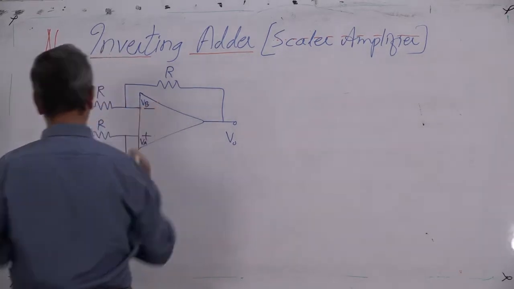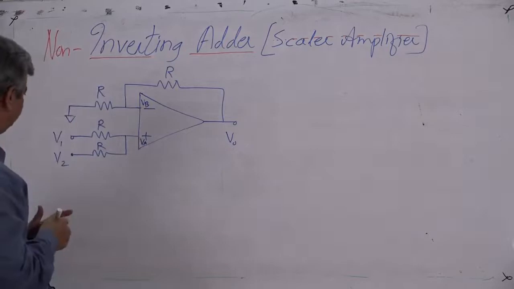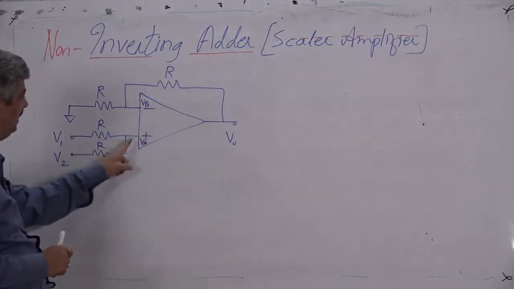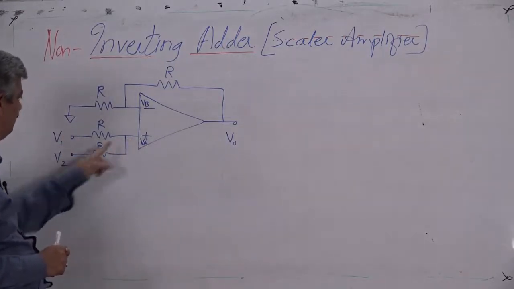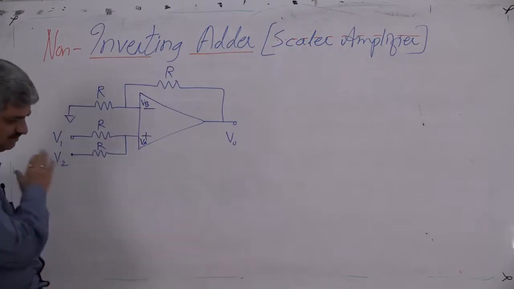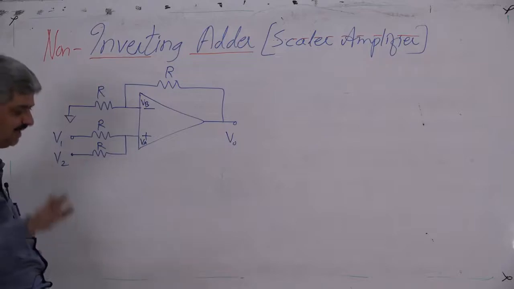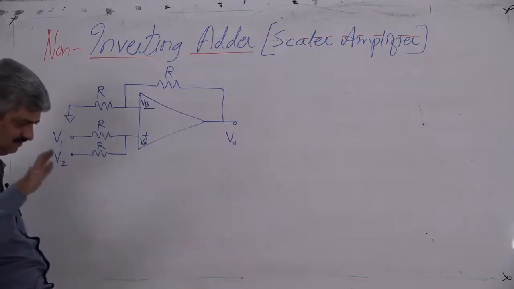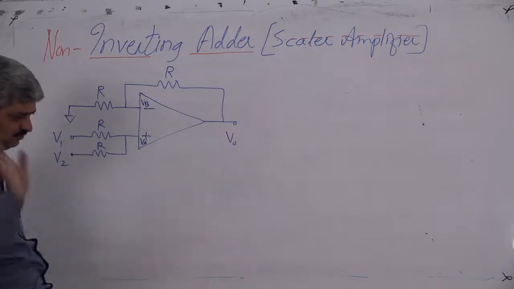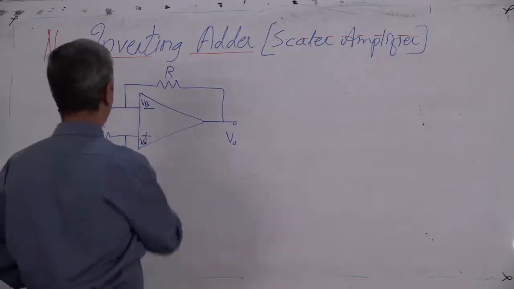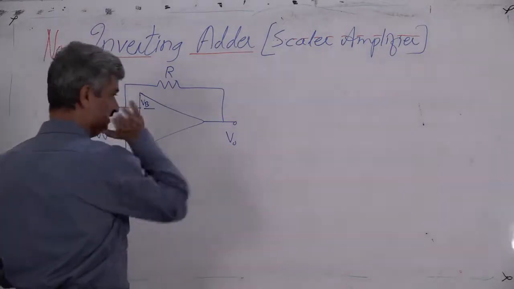What is VA? Now, here VA is to be calculated based on V1, V2 and this. So, it has no role of op-amp, it is a simple potential divider like circuit, simple Ohm-Kirchhoff's law thing. Op-amp is not coming into the picture at all because there is a disconnection.